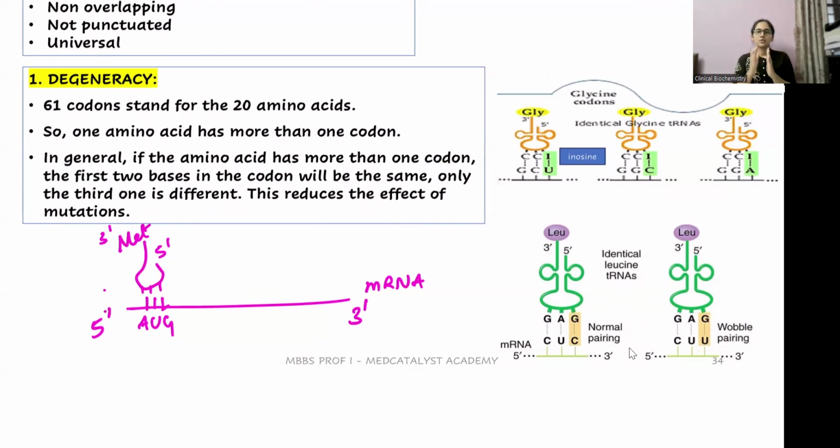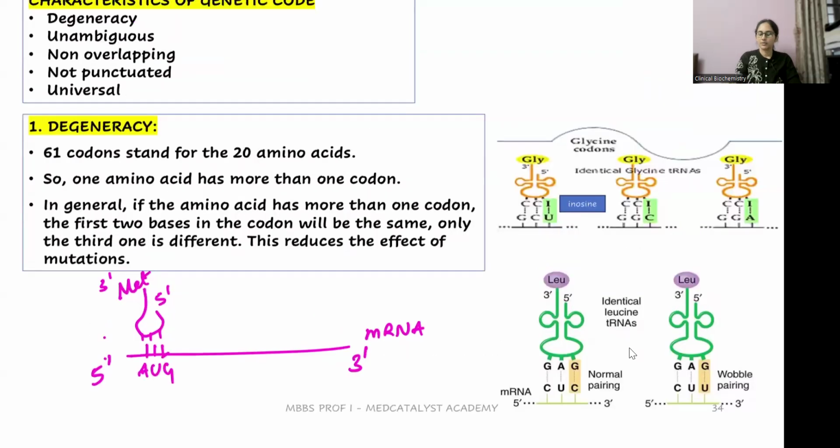That rule is relaxed in the third base pair alone. That is what explains the degeneracy, and that relaxation is what is called the wobble phenomenon.